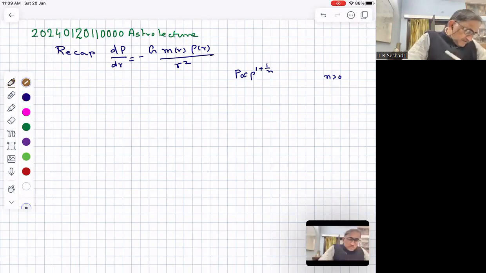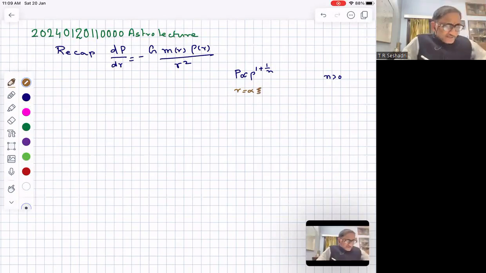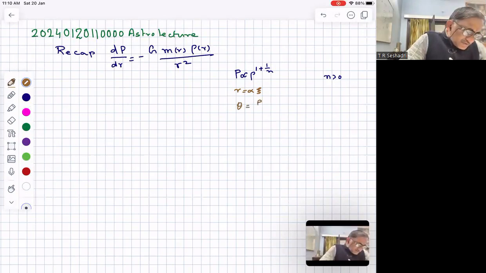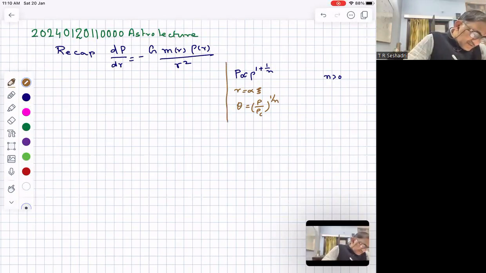And then we also rescaled the radius by a length scale alpha, and xi hence was a dimensionless radial parameter. Then we defined another variable theta, which was equal to the density divided by the central density to the power 1 by n. So we had these three substitutions.